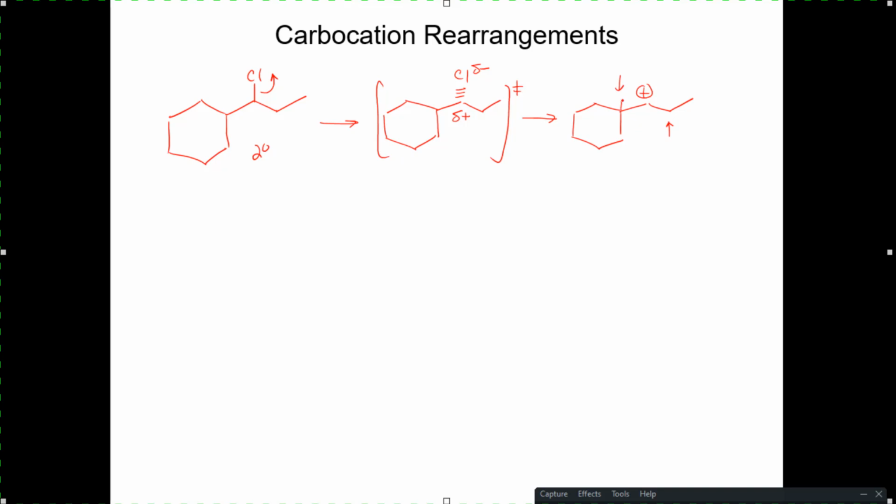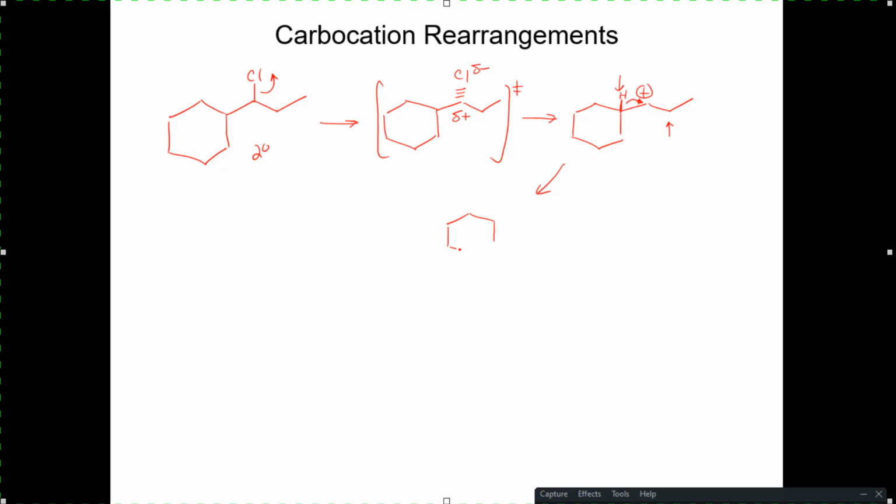A hydrogen that is on the carbon next to the carbocation is actually going to slide over. And it's going to slide over by taking both of these electrons and moving both of those electrons to now form the bond to this carbon. And so in this case, if that happens, the transition state would look like this.